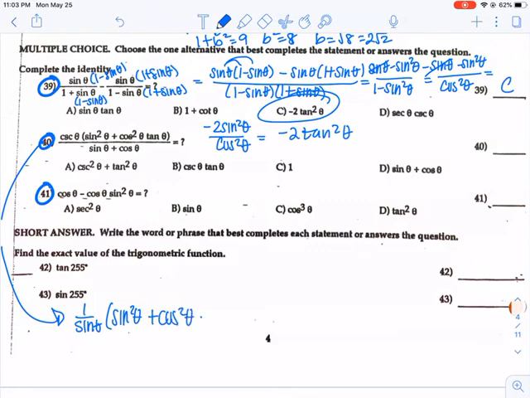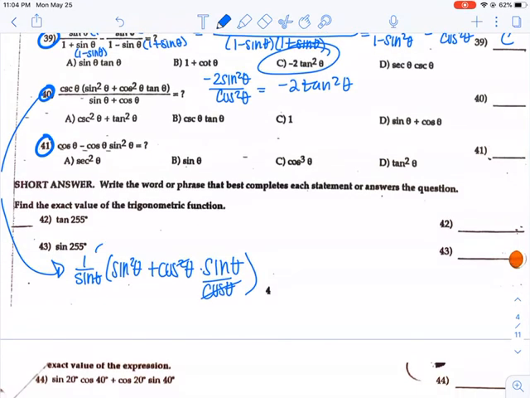Tangent is sine over cosine, which already cancels one of my cosines. Now let's distribute. This is just the numerator. 1 over sine times sine squared is just sine, plus 1 over sine times sine cosine, the sines cancel out and it's just cosine. Your denominator is also sine plus cosine. If they are the same, we get 1, which is C.